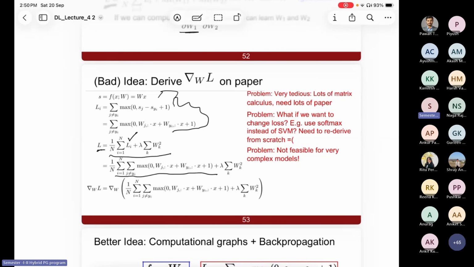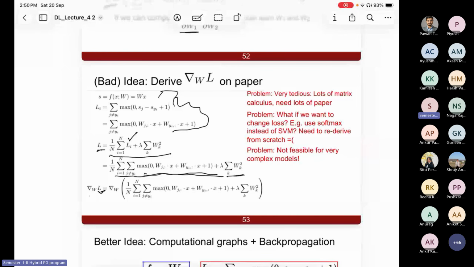Since the loss is a combination of multiple functions, you have to expand all those functions. Similarly for this also. Suppose you did it, and now you are going to find the gradient of L with respect to W1 and then W2. Now what do you feel, how much time will it take?